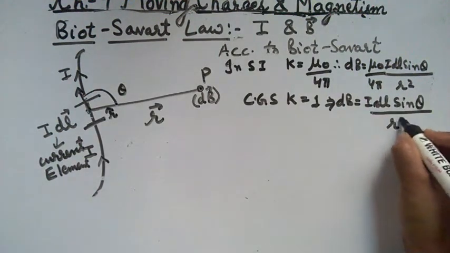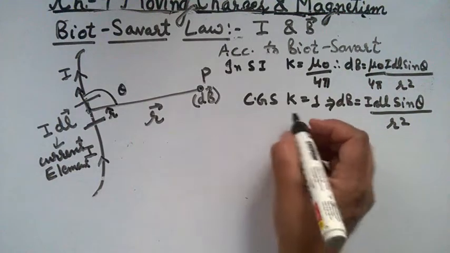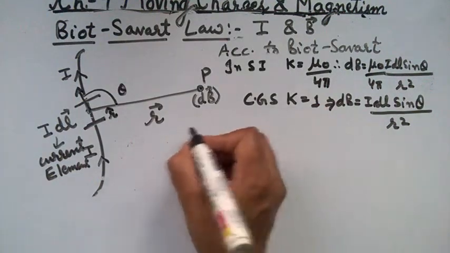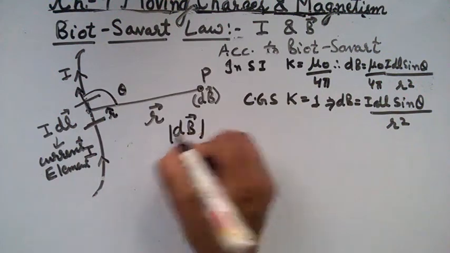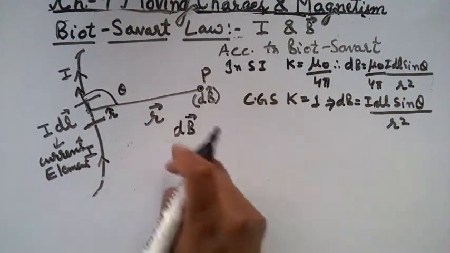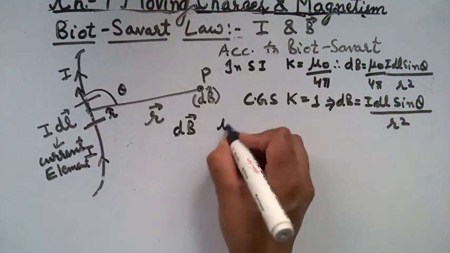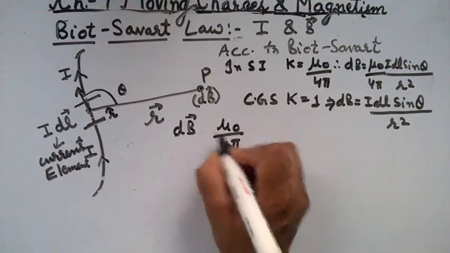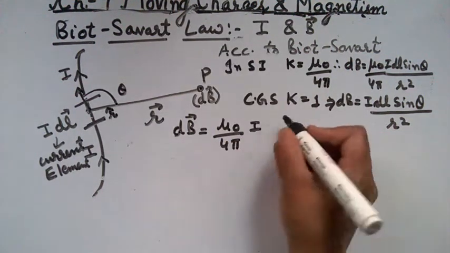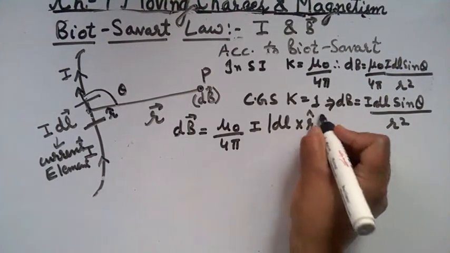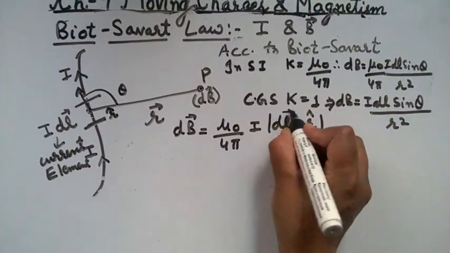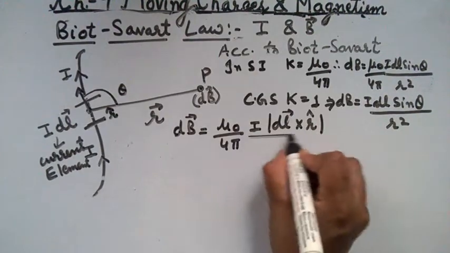Now write it in vector form. dB vector can be written as mu naught upon 4 pi I dl vector cross r cap upon r square.